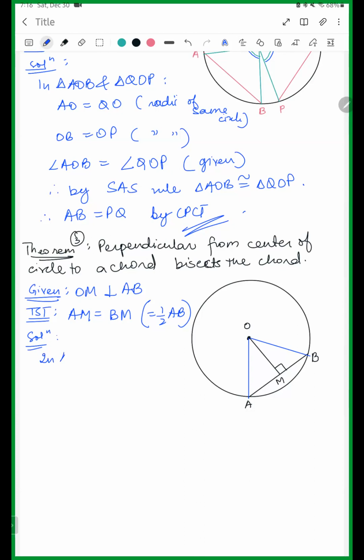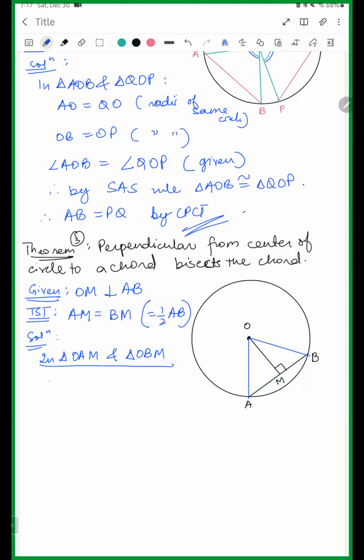In triangle OAM and triangle OBM. So see, we need to show that AM is equal to BM. In order to show that, we can just prove that these two triangles are congruent. If we prove them as congruent, then these two sides, we will be able to prove them as equal. So let's try to prove them as congruent.